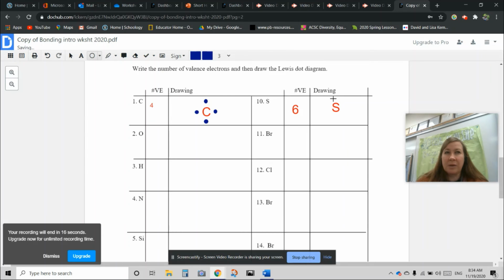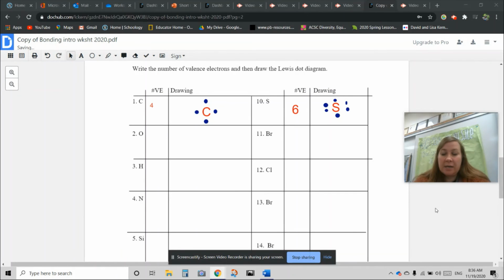So 6 dots mean I'm going to have 4 on top, bottom, left, and right, and then 2 extras, and they typically will go apart from each other. 1, 2, 3, 4, 5, 6. I ran out of time just a bit there, but here we go. I've got my 6 valence electrons for sulfur, and that is my Lewis dot diagram.